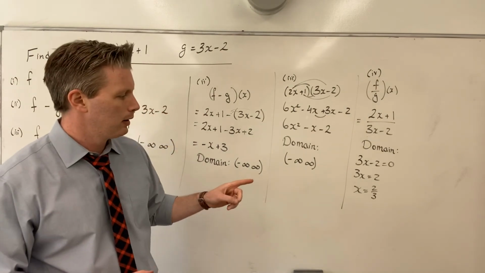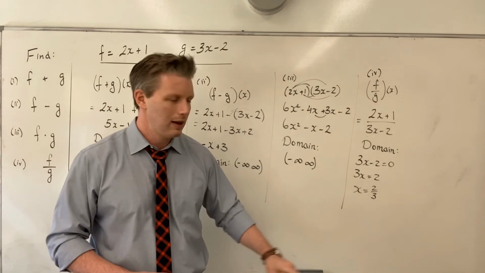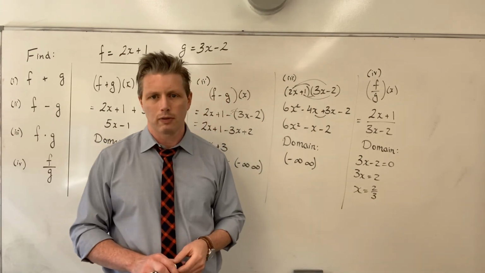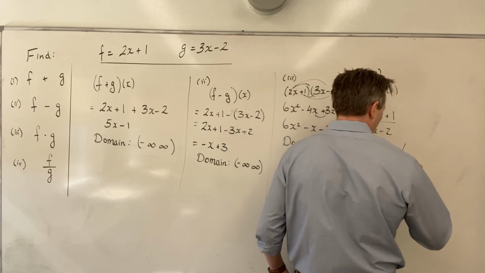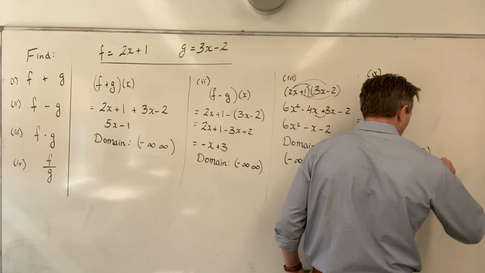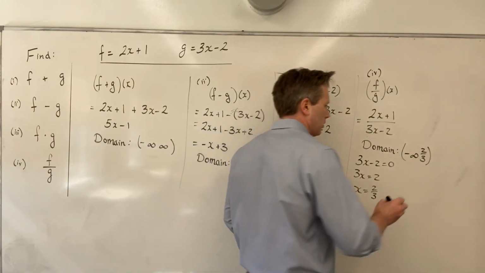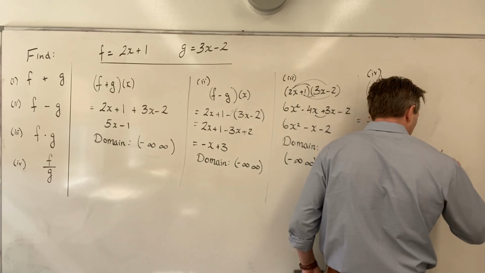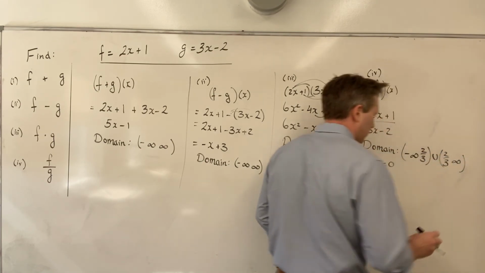So my domain then is going to be everything on the number line except for 2 over 3. And I will write that by saying that my domain is negative infinity to 2 over 3, soft parentheses, union 2 over 3 to infinity, soft parentheses.